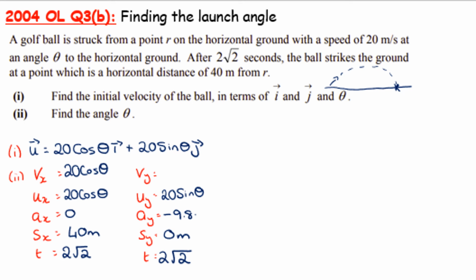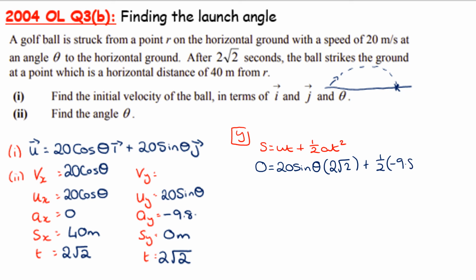So let's see how we could work this in the y direction. We already have our answer, but let's see what we could do. We could use s equals ut plus a half at squared. We have s is 0, so that's 20 sine theta times 2√2 plus a half times minus 9.8 times 2√2 all squared.